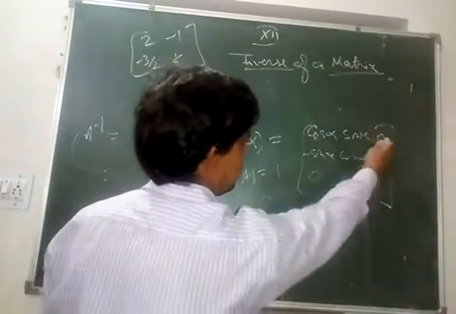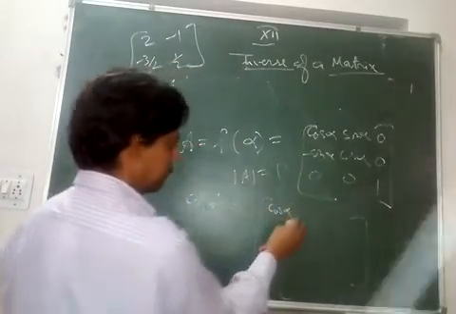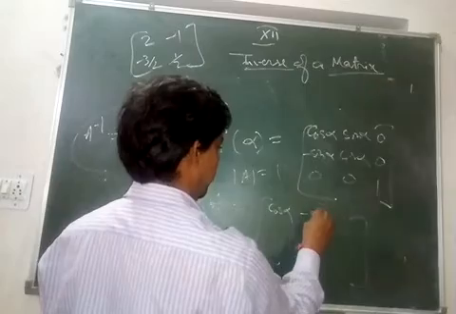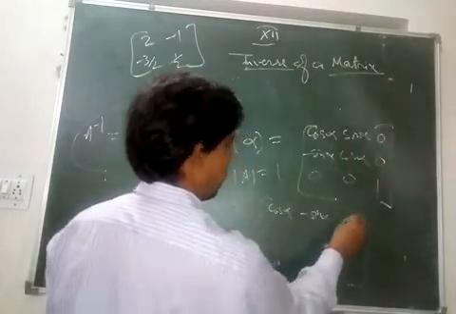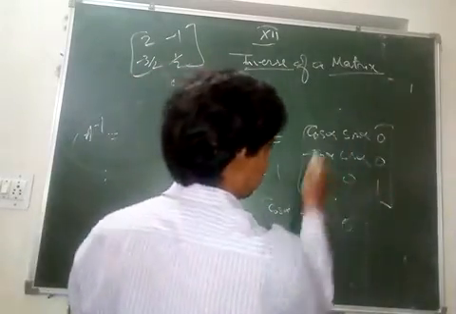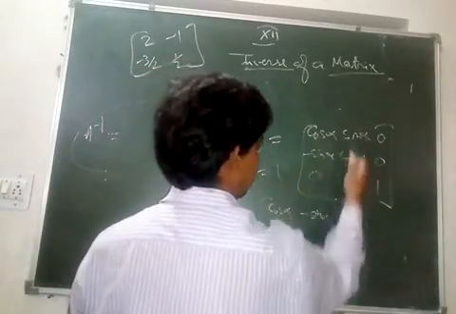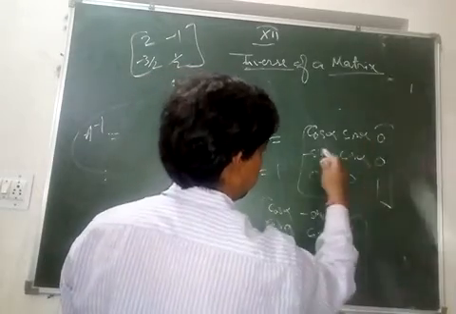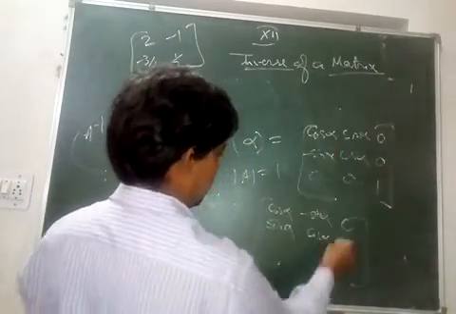For this cofactor, this row and column are gone, cos alpha into 1. So this is cos alpha. For this one, this row and this column gone, minus sin alpha. For this one, this is 0, 0, simple. And this one, sin alpha, and this one, cos alpha, and this one, if I cover this row and this column, you get 0.